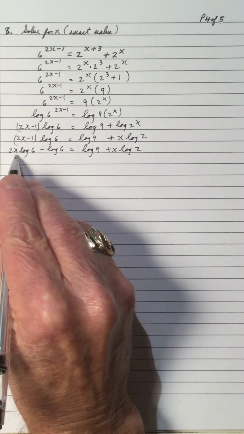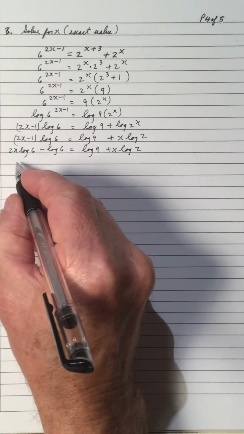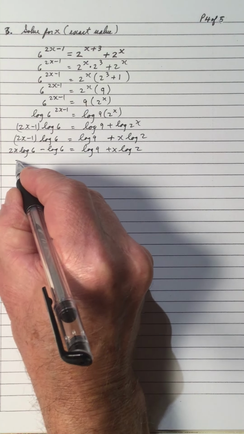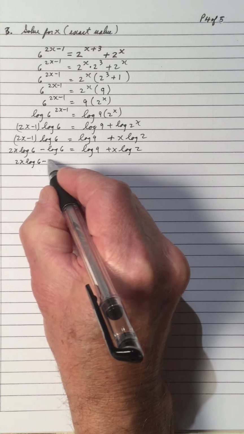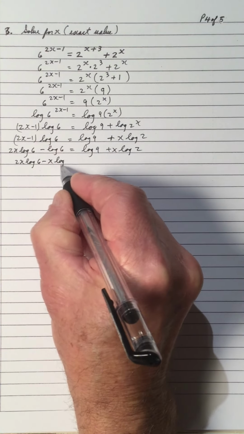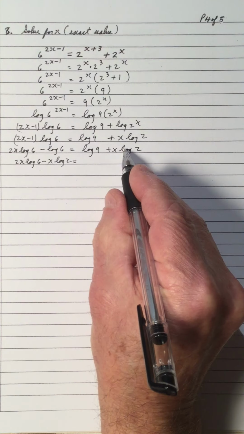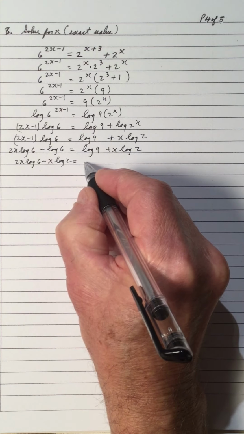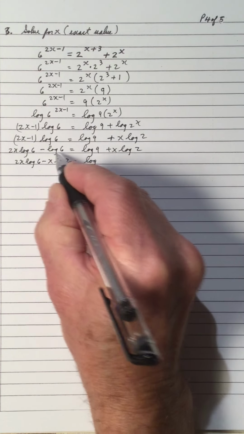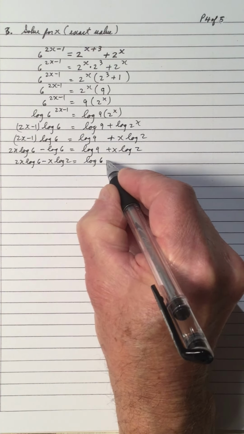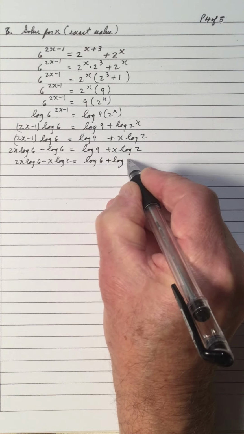Now I notice that I have an x here and an x here, so we group those together. So I have 2x log 6 minus x log 2. The x's are grouped together. And I bring the log 6 over, make it positive, plus log 9.